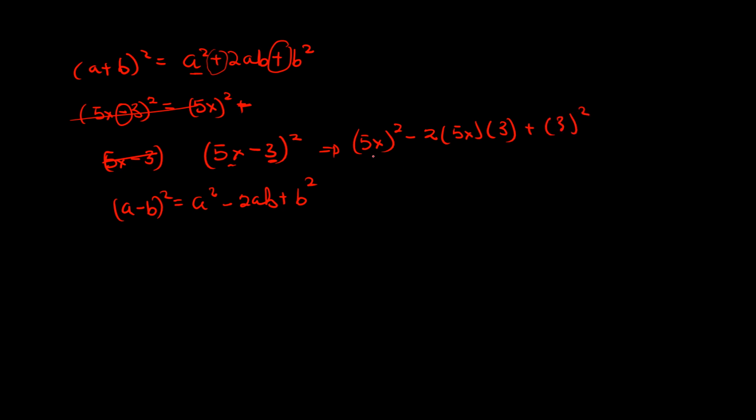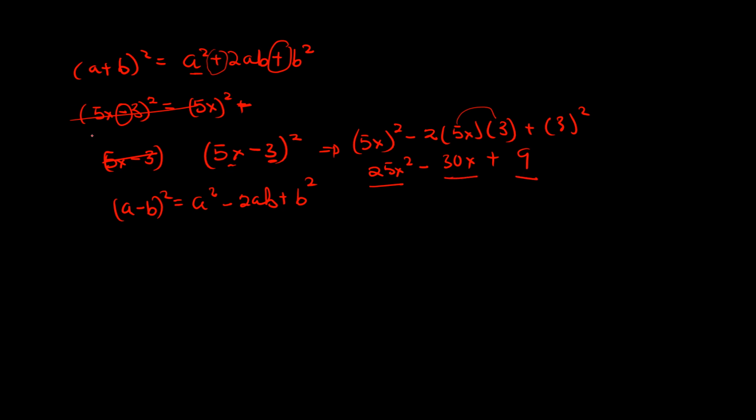So (5x) squared is 25x squared, then minus 5 times 3 is 15, times 2 is 30, so 30x, and then plus 9. So I can say it's 25x squared minus 30x plus 9. That is the expansion.